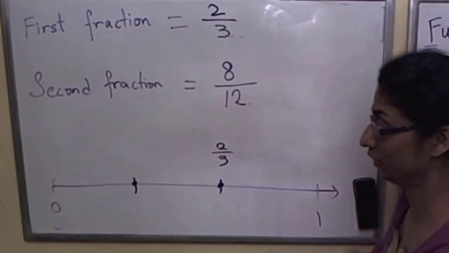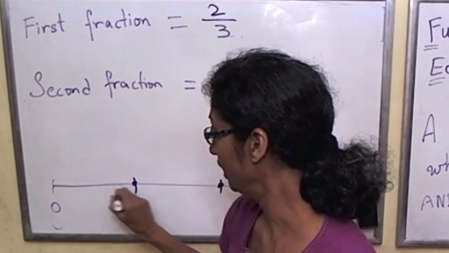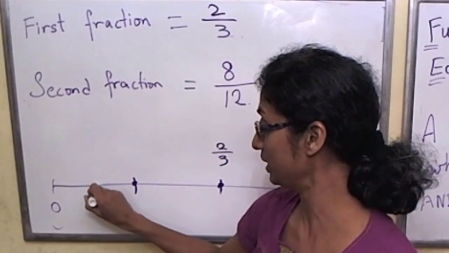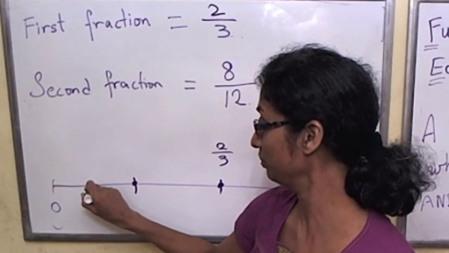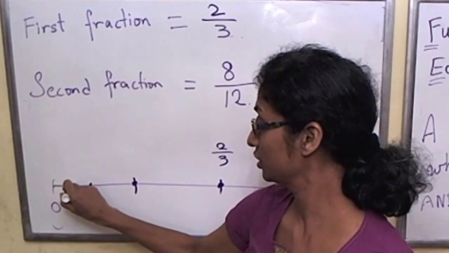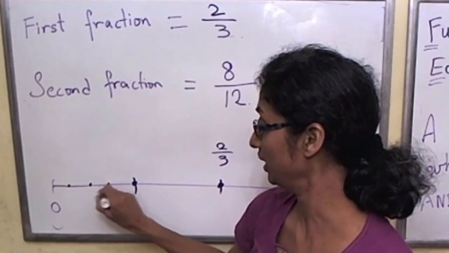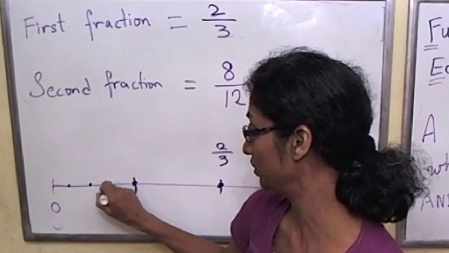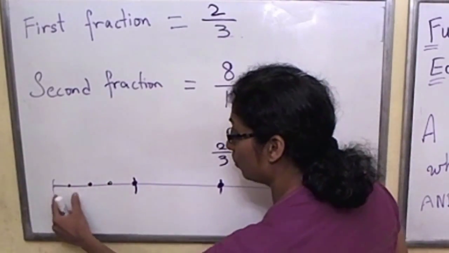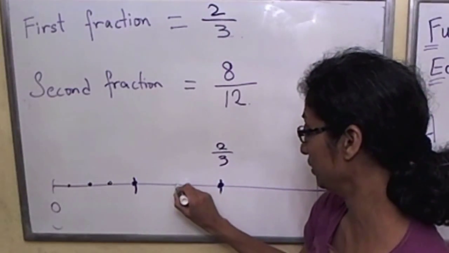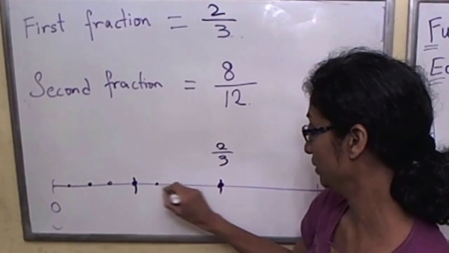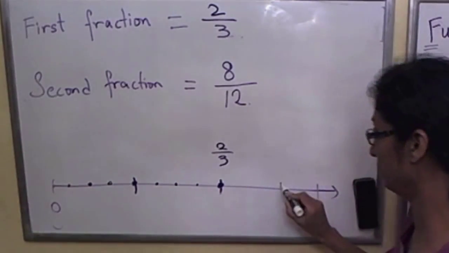That would give my 12. So let me go ahead and do that. To make it into 4 equal pieces, it's most convenient for me to split it up into 2 first and then 2 more. So there are my 4 equal pieces. 1, 2, 3, 4. And here again, I'll do 4 equal pieces.